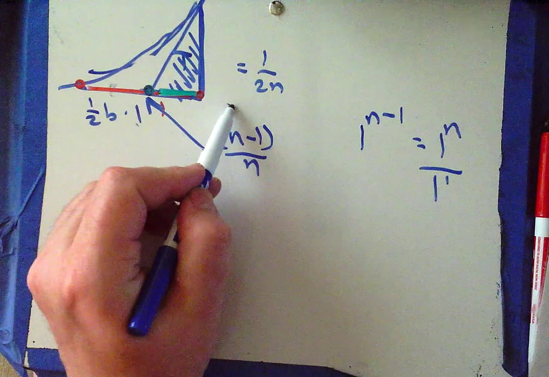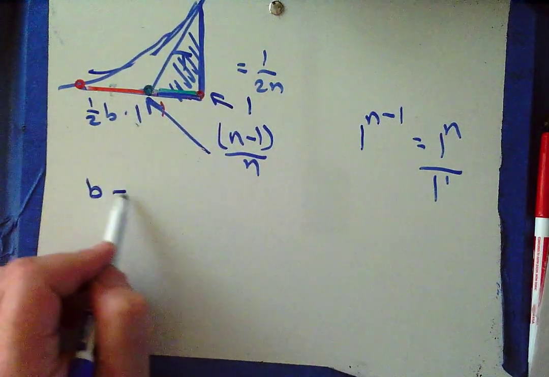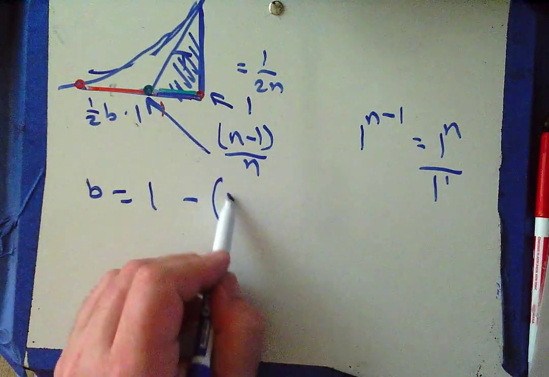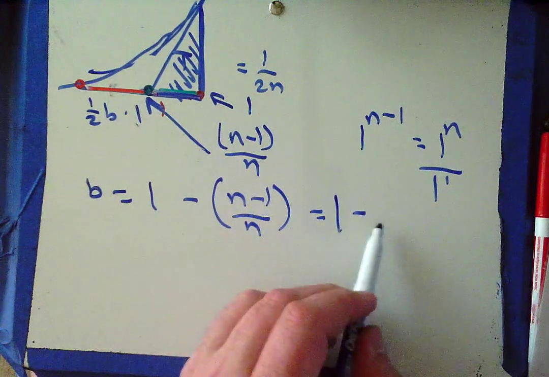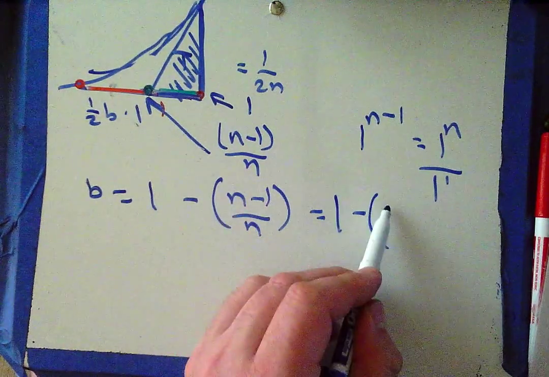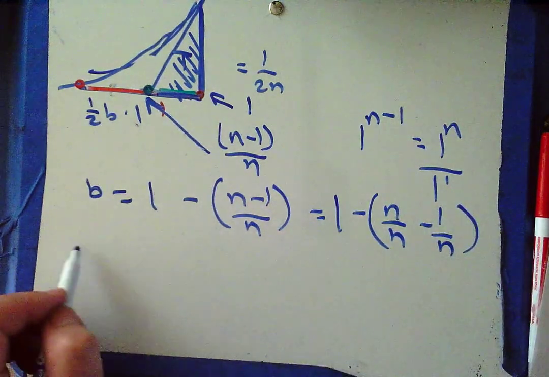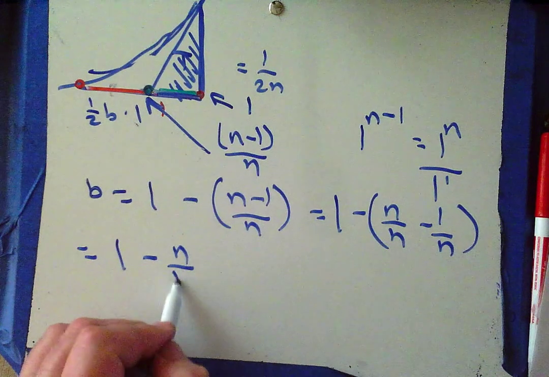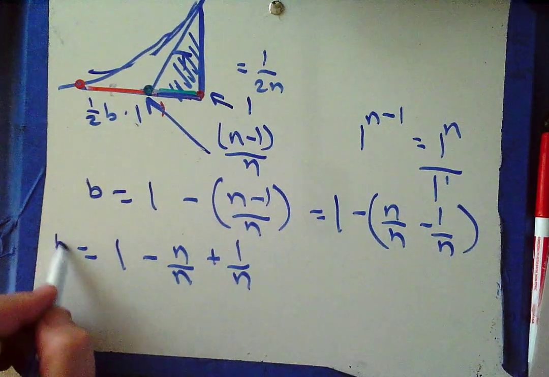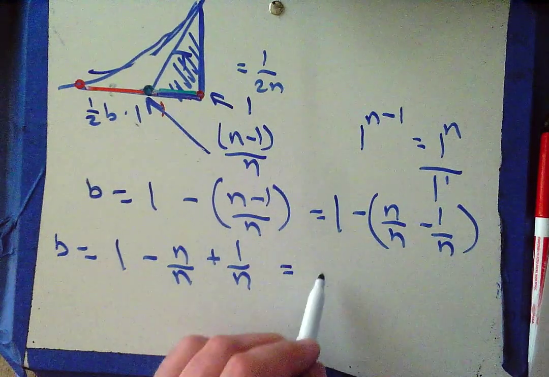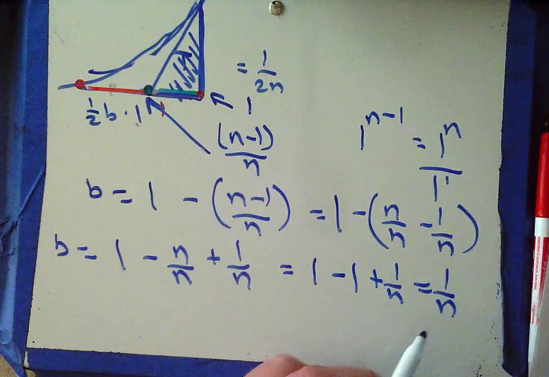We know that this x value is 1, and so this base will be 1 minus n minus 1 over n, which is 1 minus, I'm going to split this into two fractions, n over n minus 1 over n, which is going to give me 1 minus n over n plus 1 over n, which is 1 minus 1 plus 1 over n, or 1 over n.